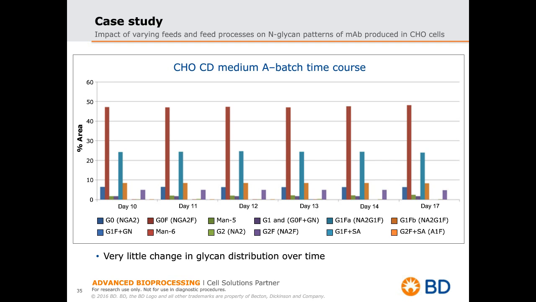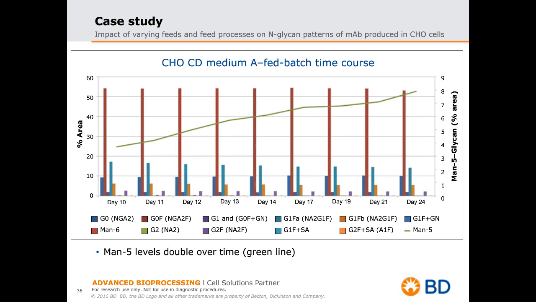So here we have the N-glycan distribution of the non-enhanced media condition during the fed batch time course. Again, each colored bar in the chart represents a different glycan species. What we've done differently on this particular chart is we've shown the levels of MAN5 as a green line on a secondary y-axis.